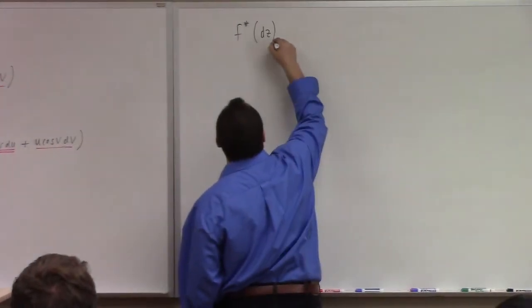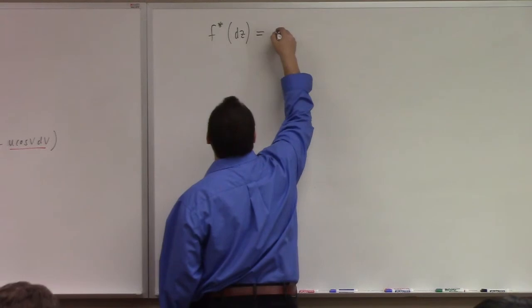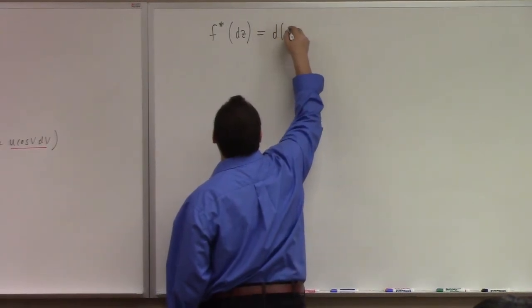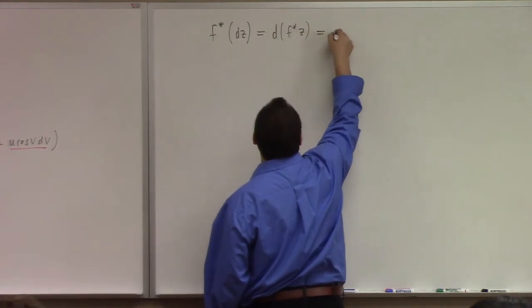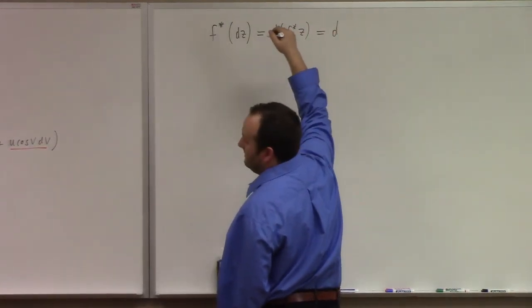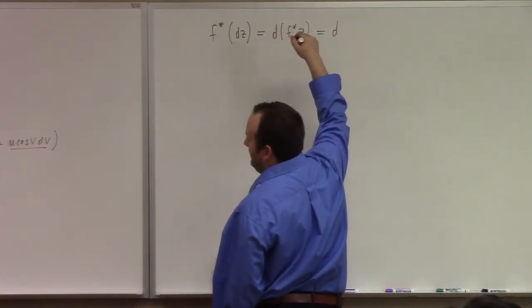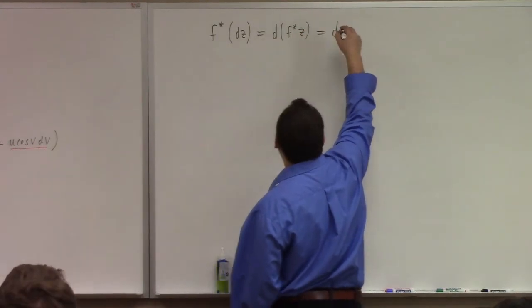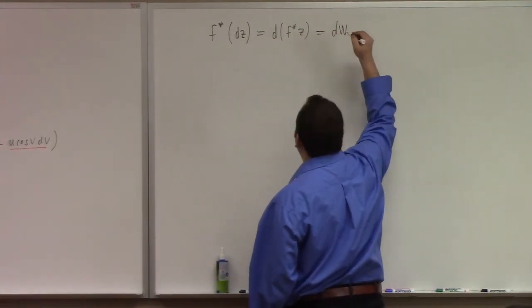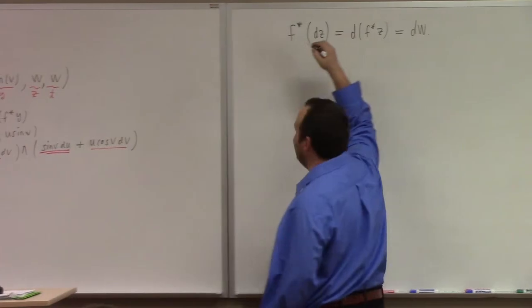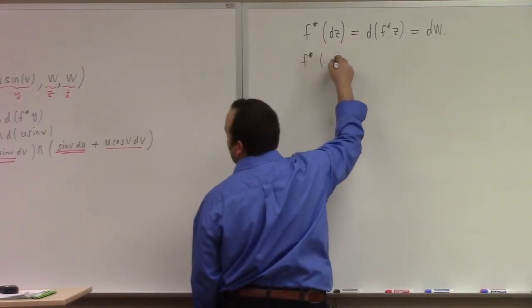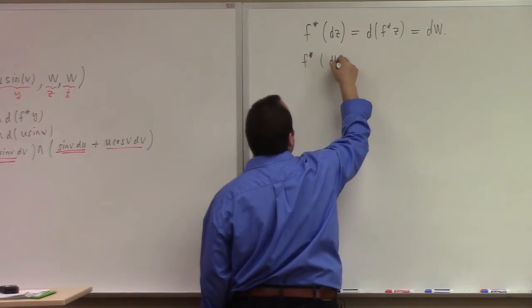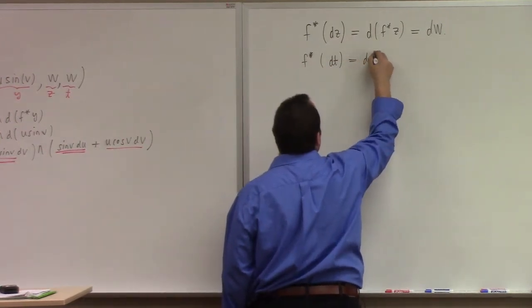Maybe less weird. Pullback of dz is the differential of the formula for z pulled back, which is what? Right, W. Okay, that was not a long calculation. Okay. What's the pullback of dt? Same song and dance, right?